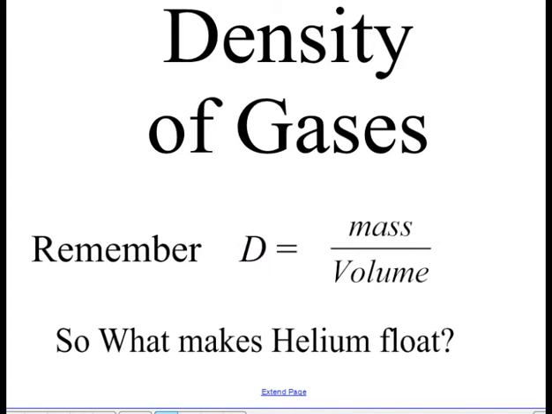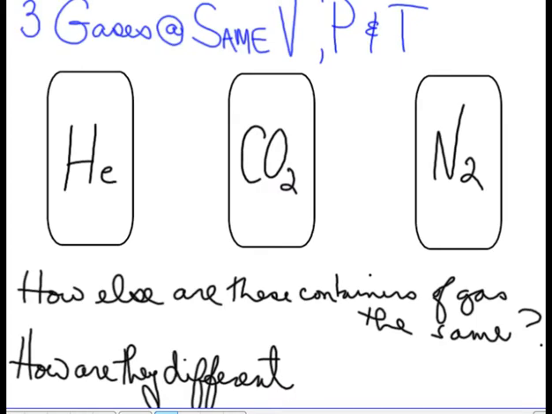We should be able to calculate the density of a gas. In a very simple sense, if we look at Avogadro's idea, and let's say that we have 3 samples of gases, and they're at the same pressure and temperature, and we have the same volume of gases, they do contain the same number of moles. So equal volumes of gases at the same temperature and pressure contain the same number of moles.